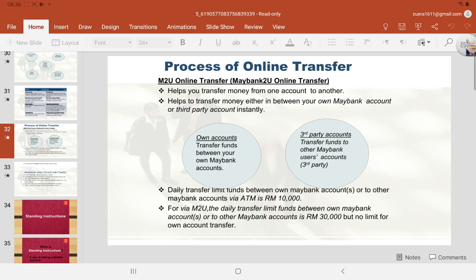So if you want to transfer the money from Maybank to CIMB, it will help you transfer the money from your own Maybank account to the third party's account instantly. So this is what we call an online transfer.